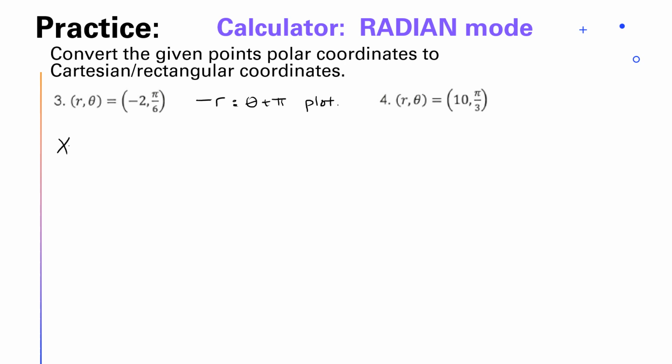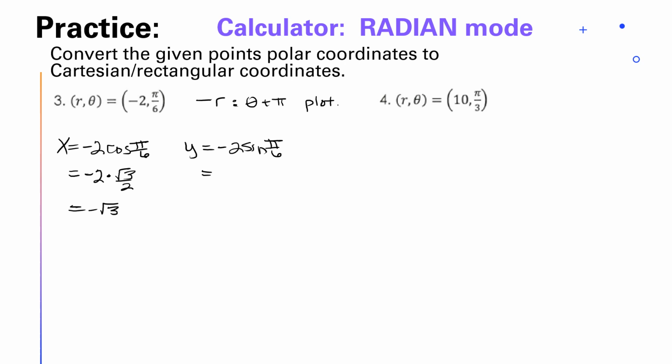Let's just do it. x equals your r value multiplied by cosine of pi over 6. So -2 multiplied by cosine of pi over 6. Cosine of pi over 6 is the square root of 3 over 2. And when we multiply those two values together, it simplifies to give you -√3. Find your y value. -2 multiplied by sine of pi over 6.